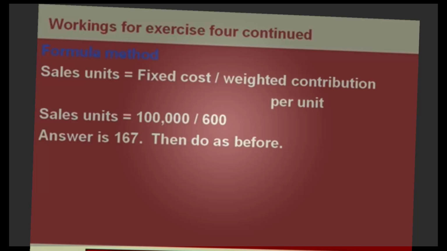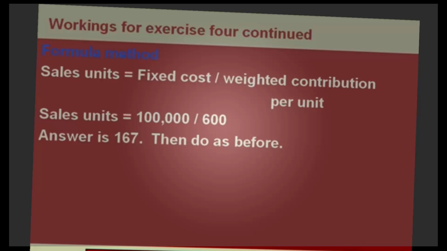So what was the selling price weighted? Which it was 1800X, do you remember? What was the variable cost which took both into account? Do you remember? It was 1200X. I'm sorry, 1800 and 1200. So the weighted contribution was 600.